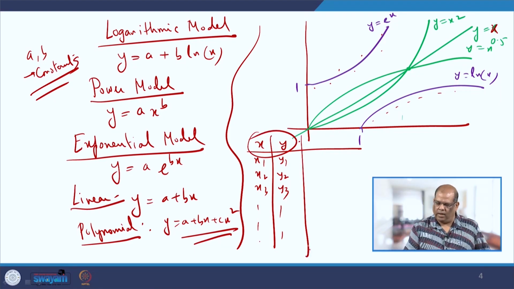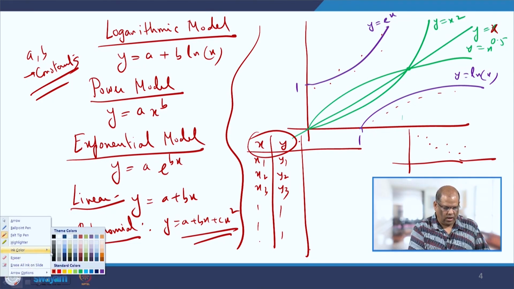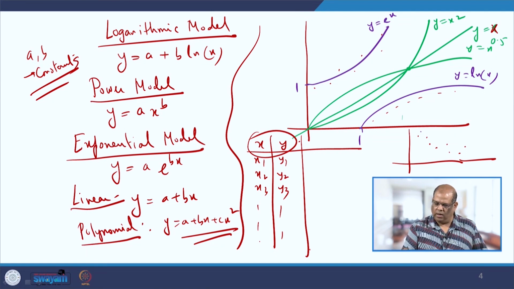Once you get the data, you plot the data like this, and then you choose one of the trends. Once you choose the trend, you will get a curve or a straight line like this.